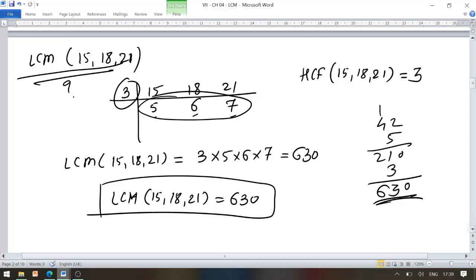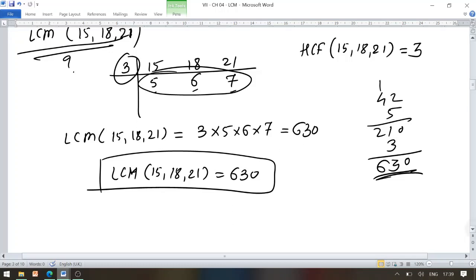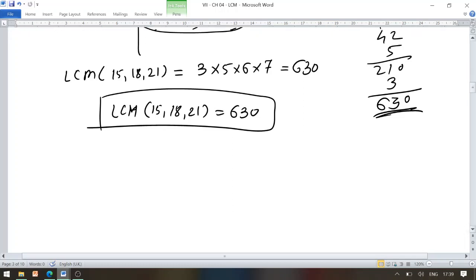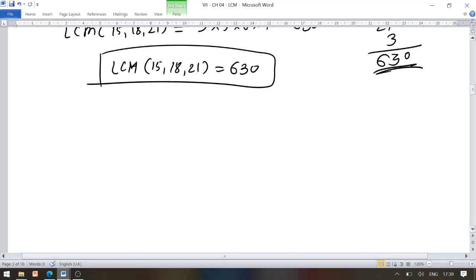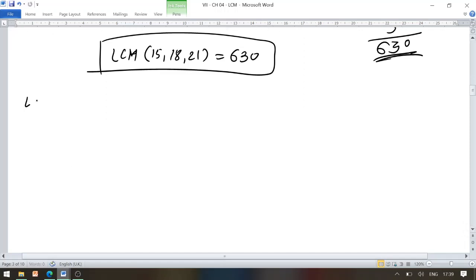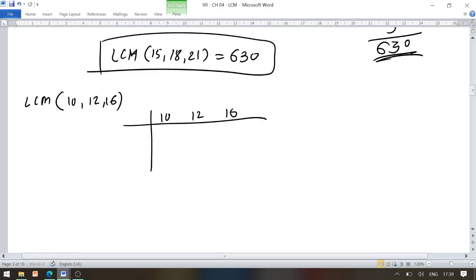Similarly, if we are given another three numbers and we have to find the LCM of them, suppose the other three numbers are 10, 12 and 16. So again write the three numbers in a table-like way.